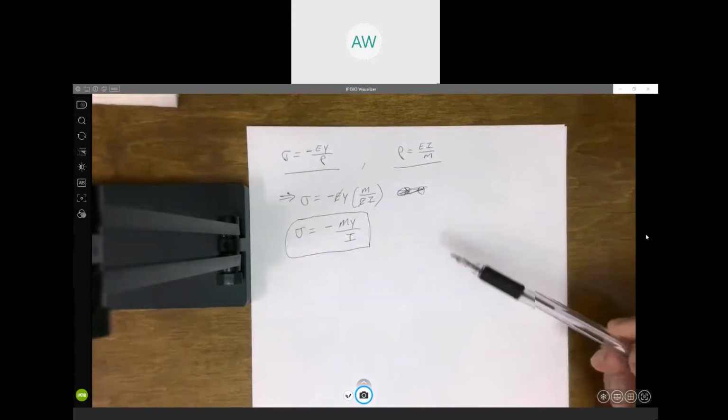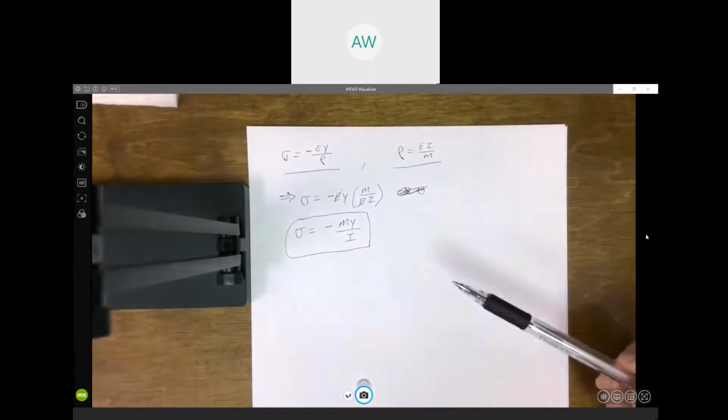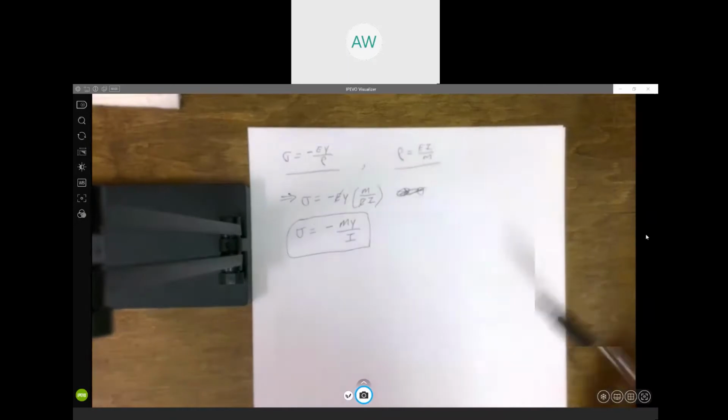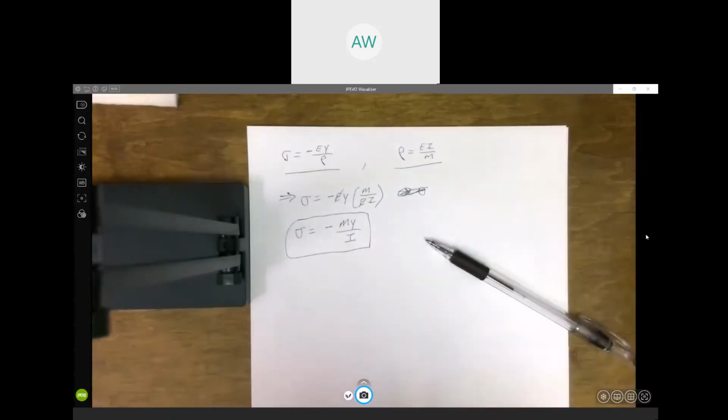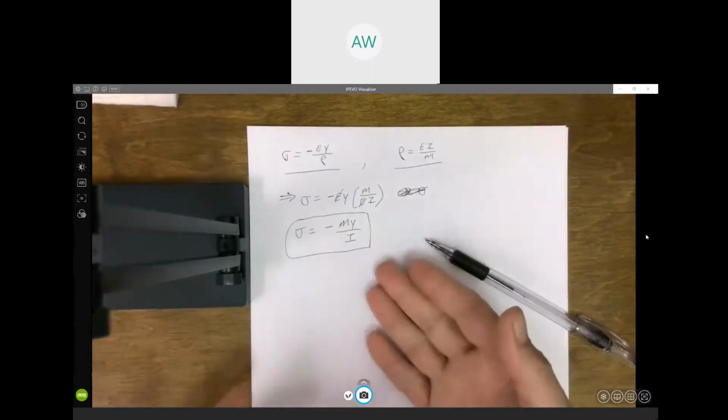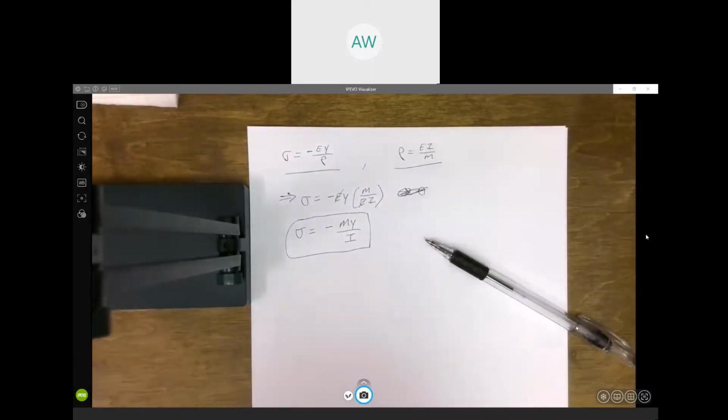And we'll find out going forward, starting next week, how well you learned how to do that in statics. Because I can tell you, that's where the vast majority of mistakes get made. I see students in mechanics of materials trying to calculate bending stress. You can plug in this formula. That's not the problem.